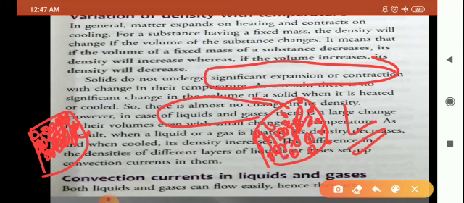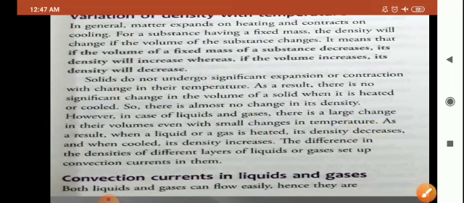Density will decrease. Same way in gases, the molecules are further more apart, and hence with the change in temperature, there will be again expansion in their volume, and hence the density will decrease. So I hope children I am clear to you.